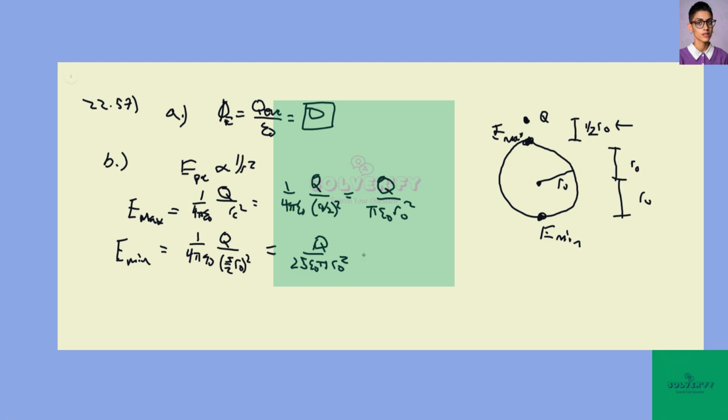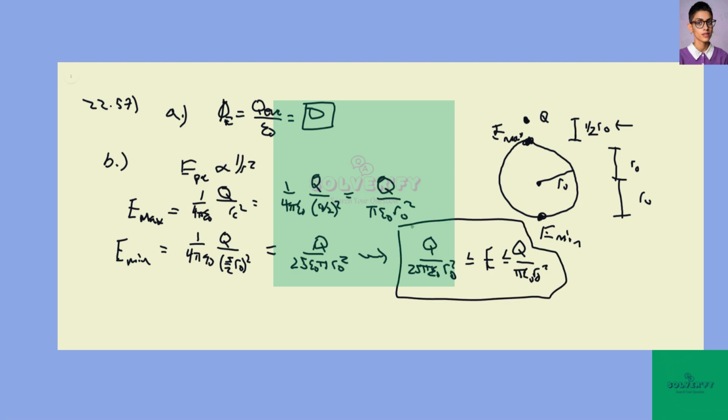Cool. So that means the range of values of E goes from q over 25 pi epsilon naught r naught squared all the way to the max, which is q over pi epsilon naught r naught squared. Cool. So these are the range of E values along the sphere.